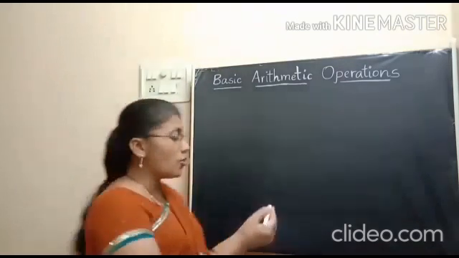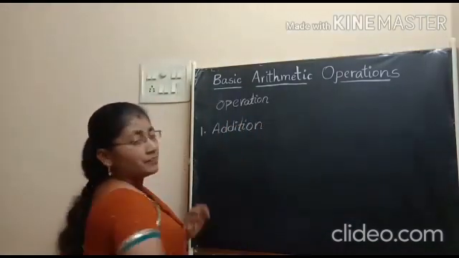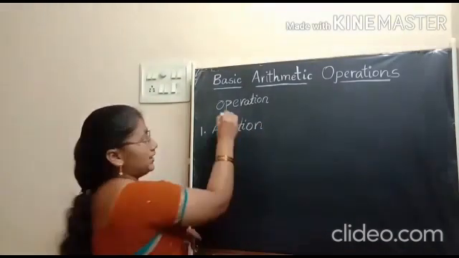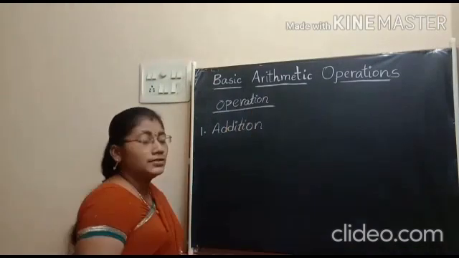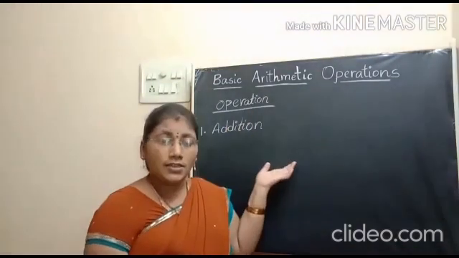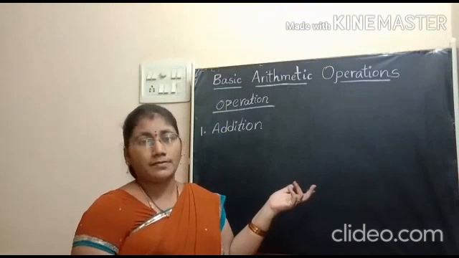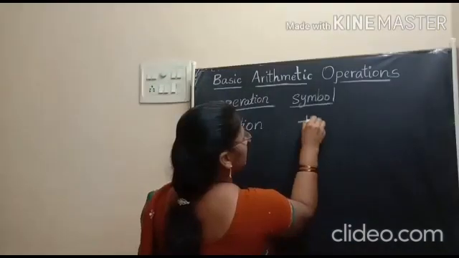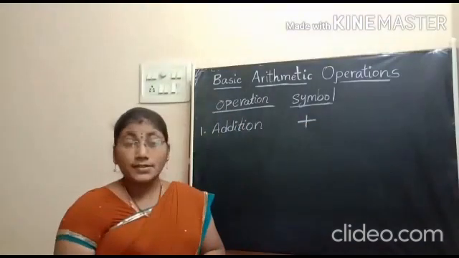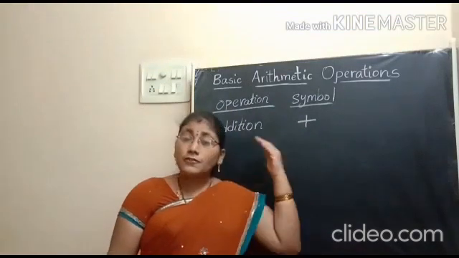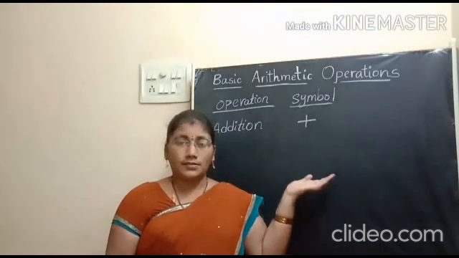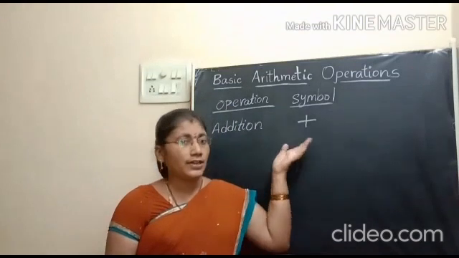What is the first operation? The first operation is addition. And to do addition, which symbol are we using? That is plus. After doing addition, we get an answer.